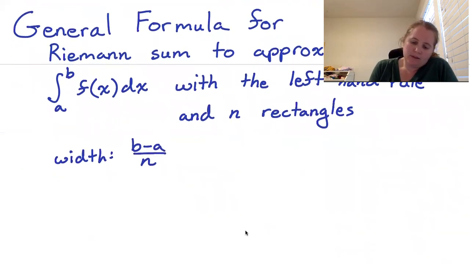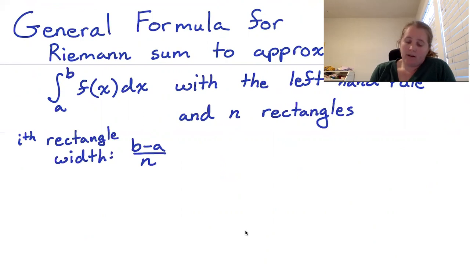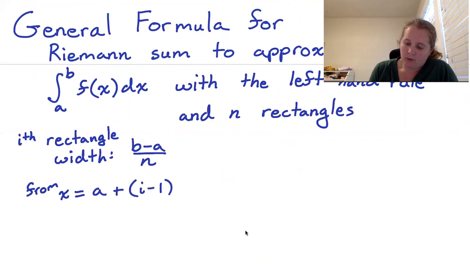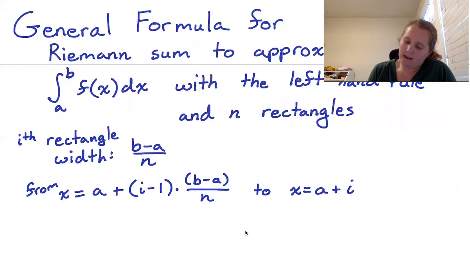Our rectangles, so this is for the ith rectangle, the rectangle would go from x equals a plus I minus 1 times this b minus a over n to x equals a plus I times b minus a over n.